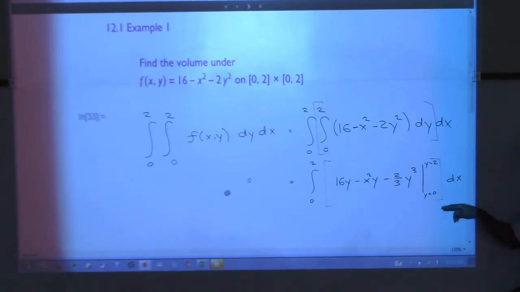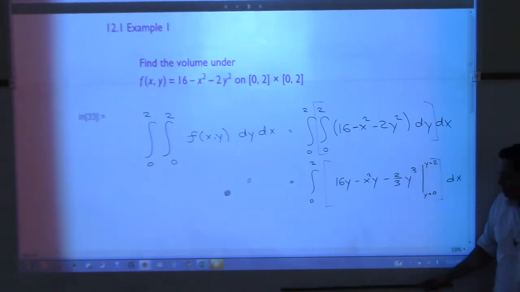But because we're going to have multiple variables now, it's important for us to actually say what it is that we're replacing. Are we replacing the x or the y? Well, we're integrating with respect to y, so we're going to be replacing y with 0 and 2. This gets especially important when you have functions of 3 variables, because you've got x, y, and z, and so you've got to really know what's getting replaced and what's not. All right, I'm going to continue.